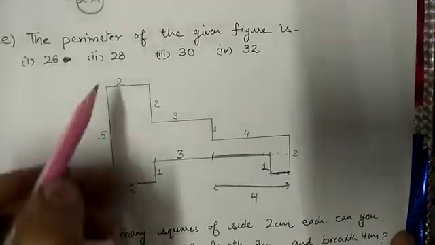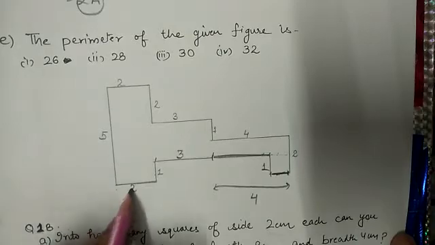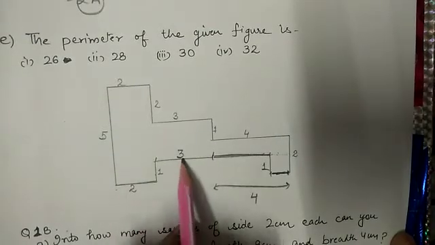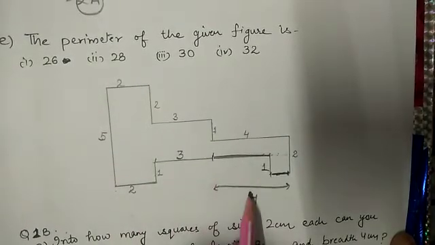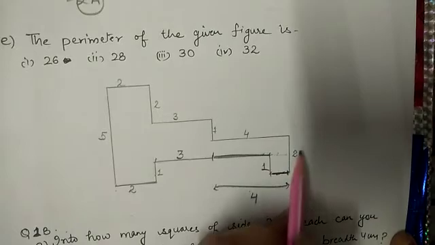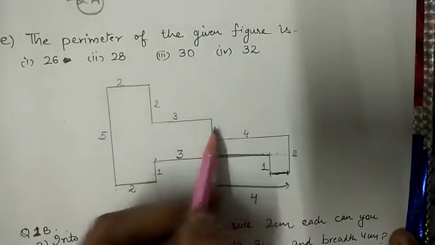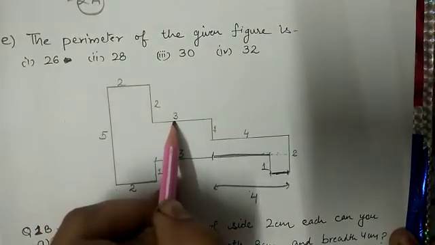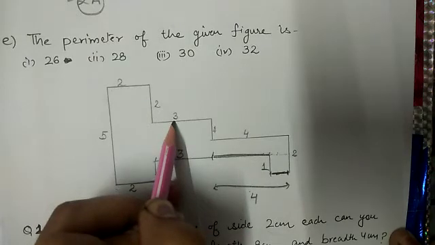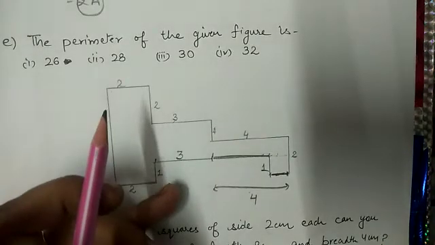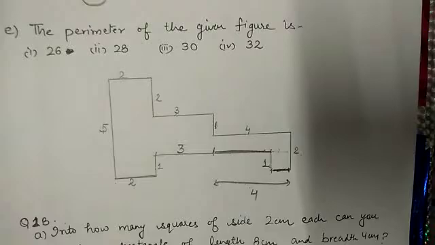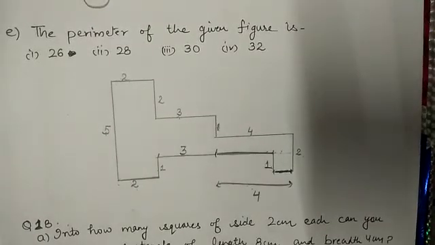So let us count now. 5, 2, 7, 8 and 3, 11 and 4, 15, 16, 18 and 4, 22, 23 and 27. Let's count once again.